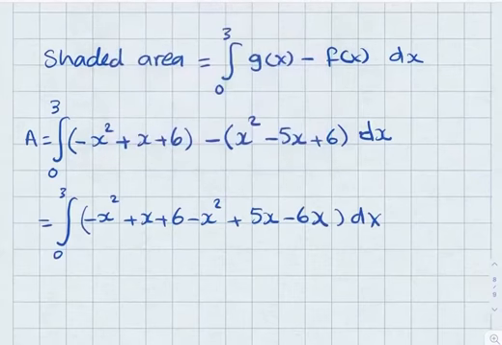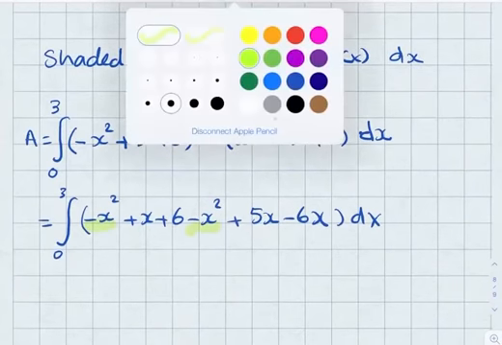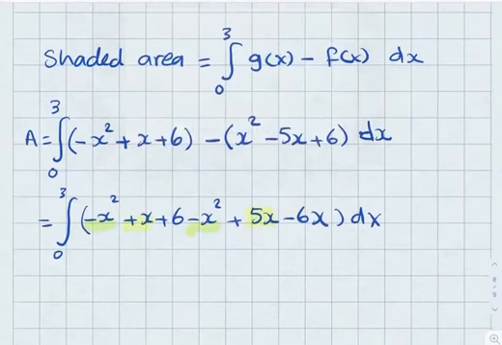And that means minus x squared and minus x squared, so that's minus 2x squared, and plus 5x and 1x, so that's 6x.